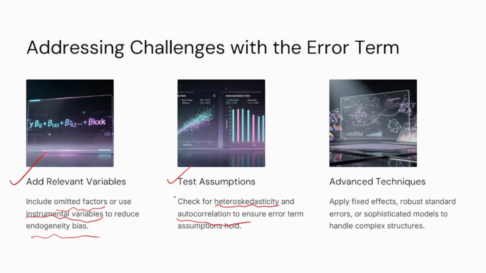And if these things are present in your estimated model, then we need to go for advanced techniques like the fixed effect model, robust standard error model, or any other sophisticated models in order to handle the complex structure, so that we can minimize the error.